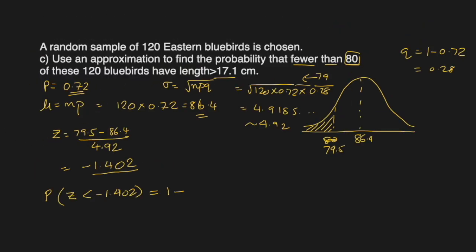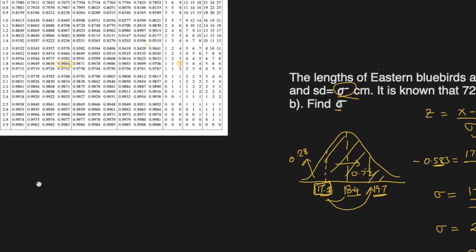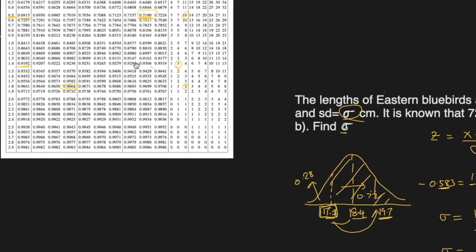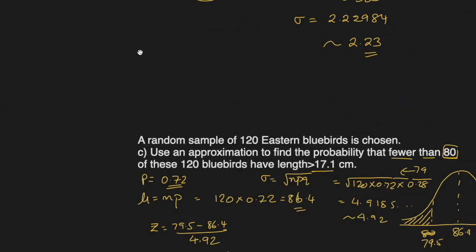Let's see on table what it gives us. 1.402. 1.40 is 9192, and 2 will be this. I hope this is 2 only. Yeah. So 3. So it will become 0.9195. Okay.